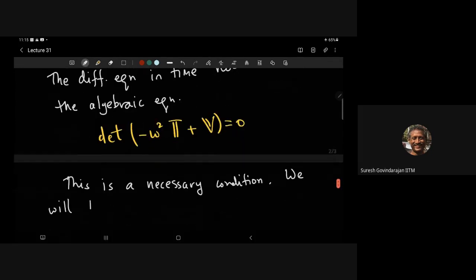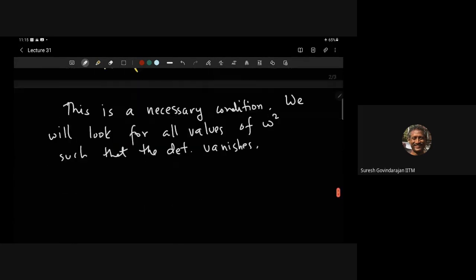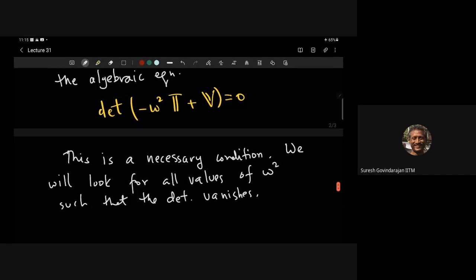In other words, we will look for all values of omega square such that the determinant vanishes. What is the order, or degree rather, of this algebraic equation?